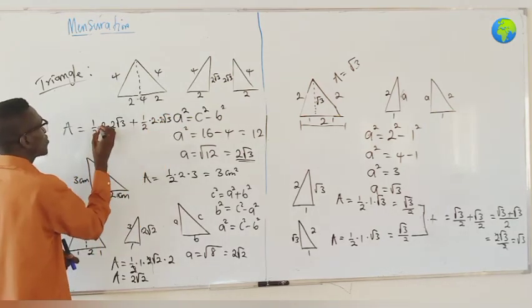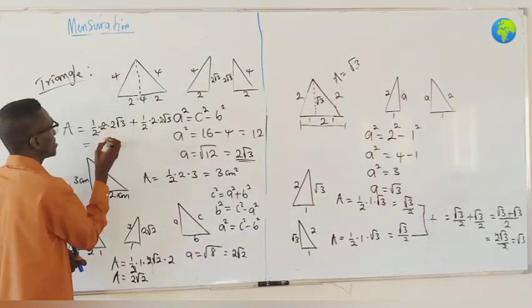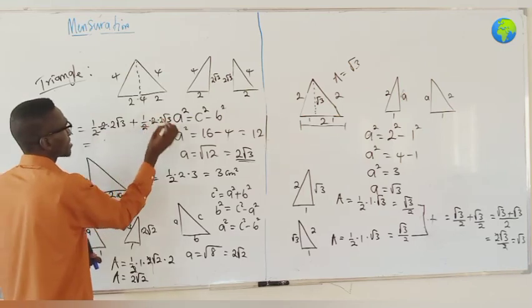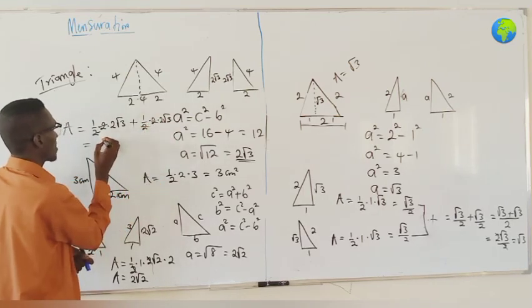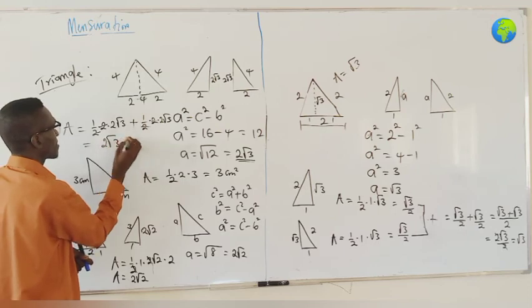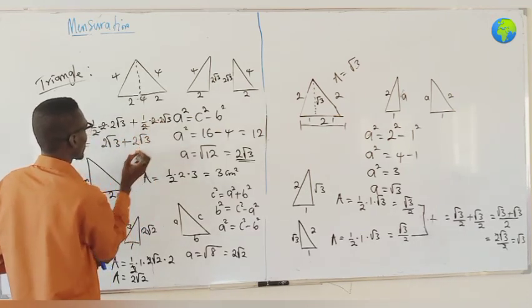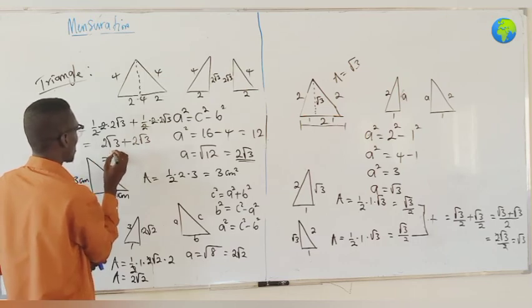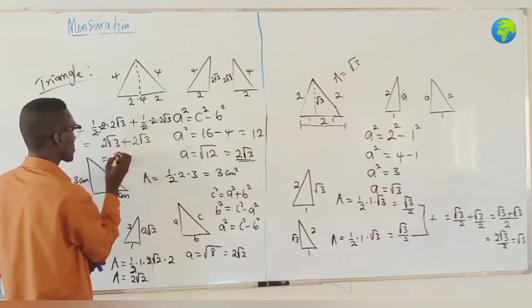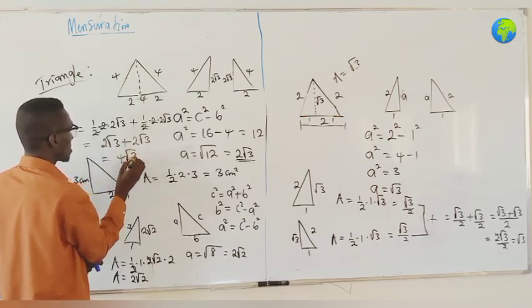So looking at this, 2 will cancel 2, right? 2 will still cancel 2. So I'm having 2 root 3 plus 2 root 3, which equals 4 root 3.